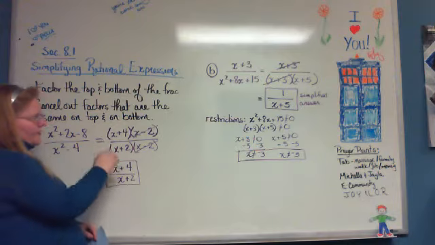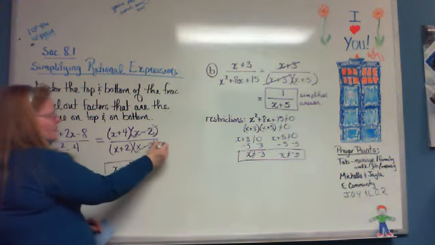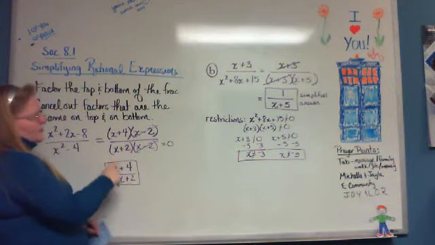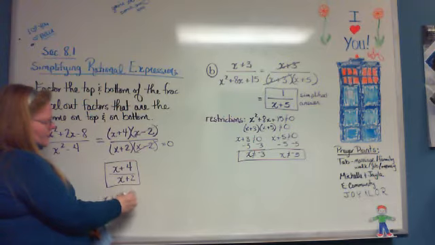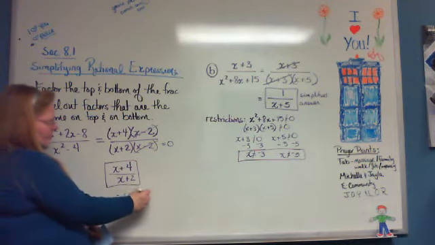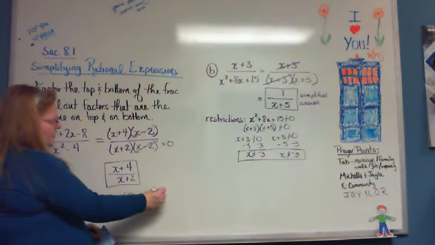Then going back to find the restrictions, set the bottom equal to 0 since I already have it factored. I'm just going to go from that. That would mean x plus 2 is equal to 0. Well, technically not. And x minus 2 is not equal to 0.